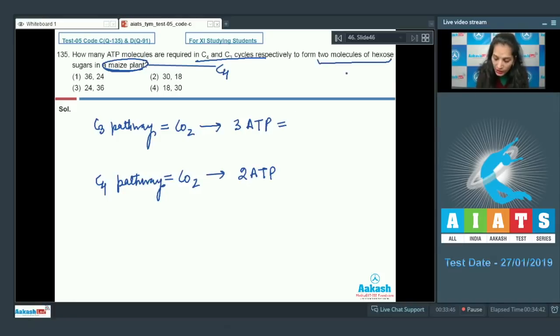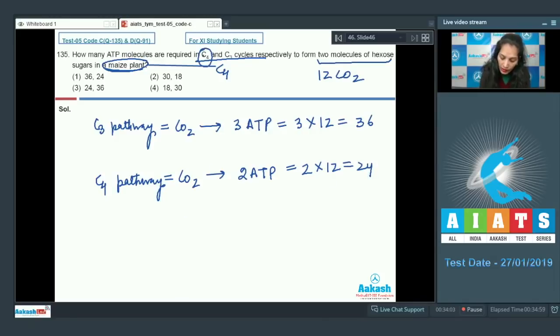In 2 molecules of hexose sugars, 12 CO2 will be involved. So 3 into 12, it is 36, and 2 into 12, it will be 24. So for C4, it will be 24. For C3, it will be 36. So the correct option for the given question is option number 3.